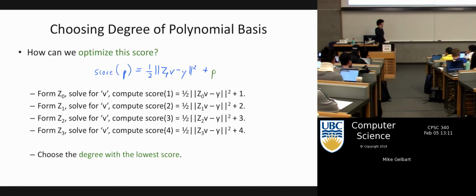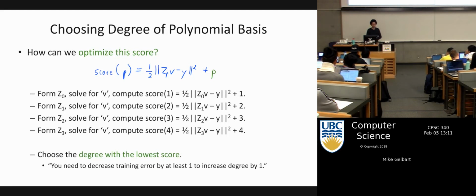So we're kind of mixing discrete and continuous here. We'll just do an exhaustive search over p, that'll be our outer loop. Set a particular p, form the features, train, compute the error, and then go back and say, well, I have the error and I'm just going to add this extra penalty, and then I can pick the smallest of these.